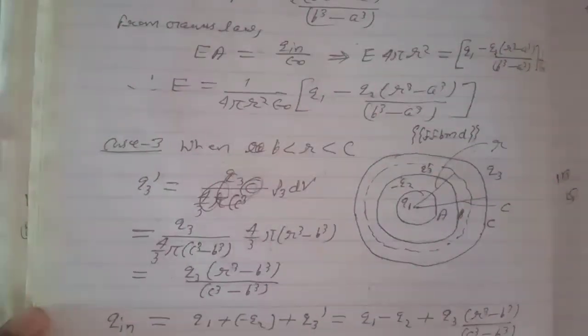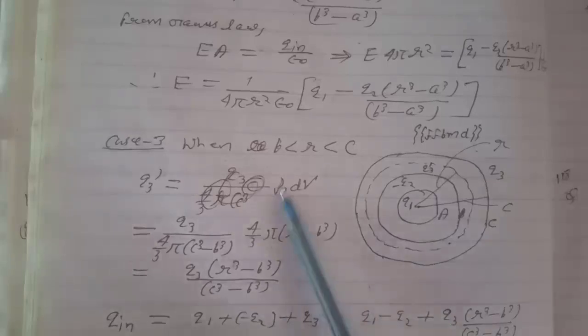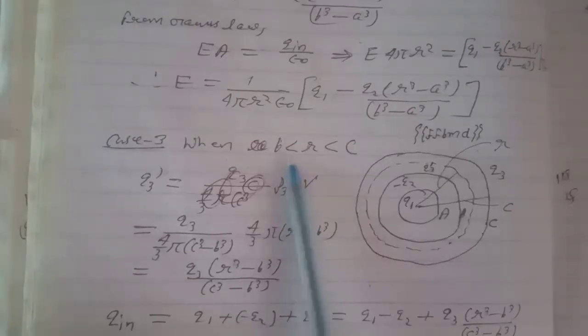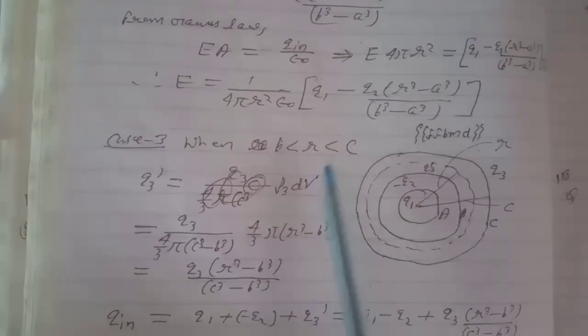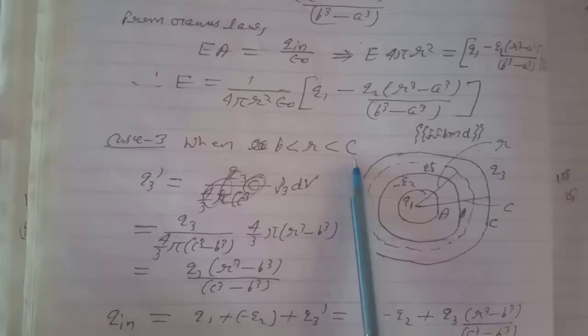Next, case 3, when the point is outside the second sphere and inside the last sphere, that is the third sphere, so r will be greater than b and less than c.